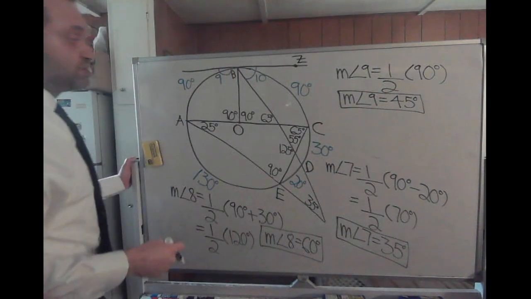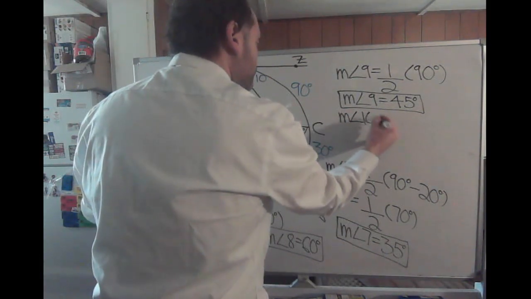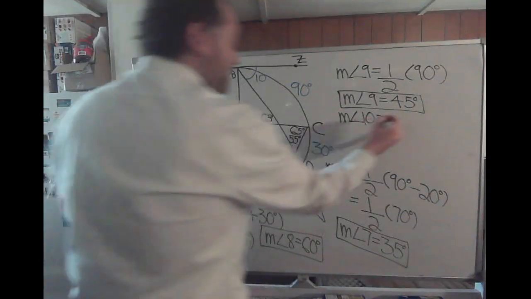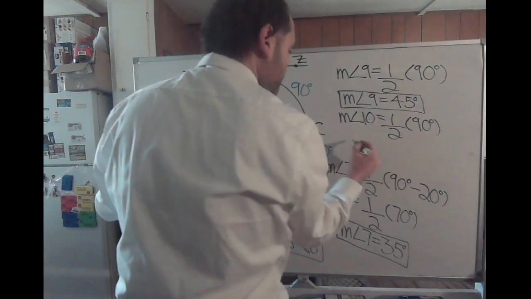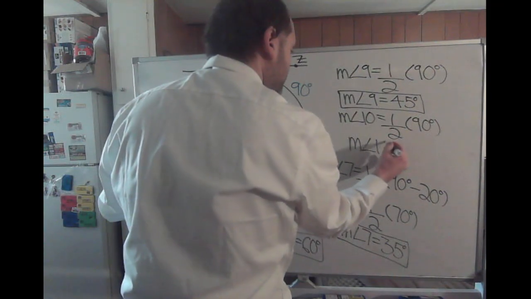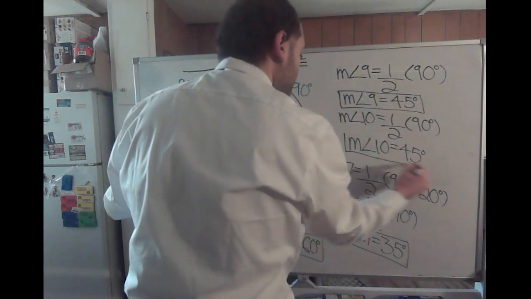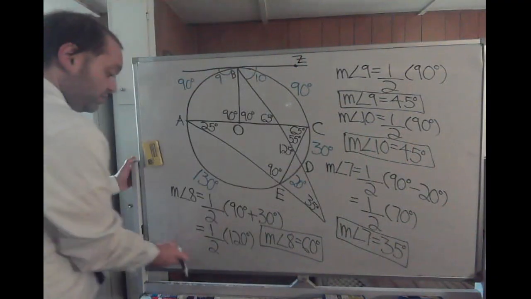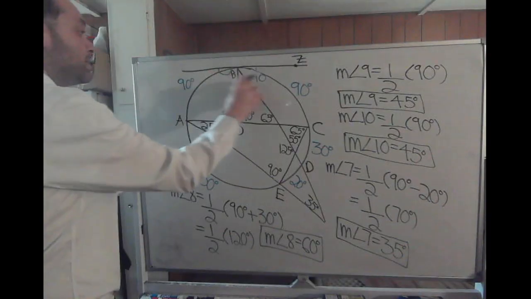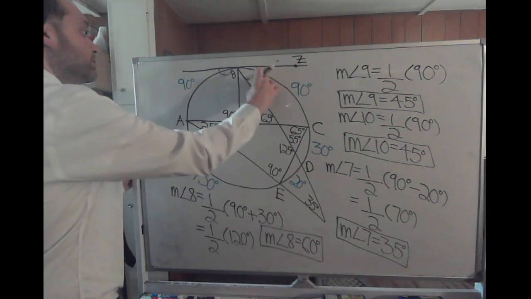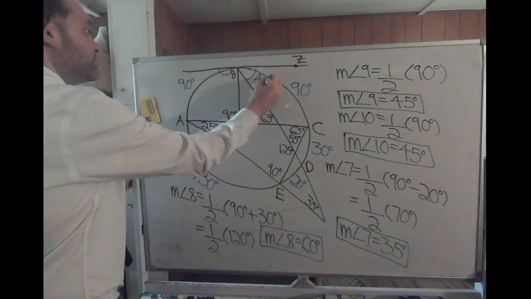And then, of course, we have the measure of angle 10. It's going to be the same deal. Measure of angle 10 is also equal to half of 90 degrees, which means the measure of angle 10 is equal to 45 degrees. So yeah, that was a good grand review of all the angles we've had so far. That was a very good review. So this whole angle is 45 degrees.